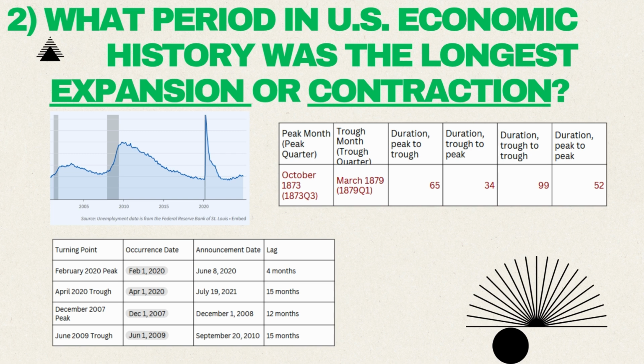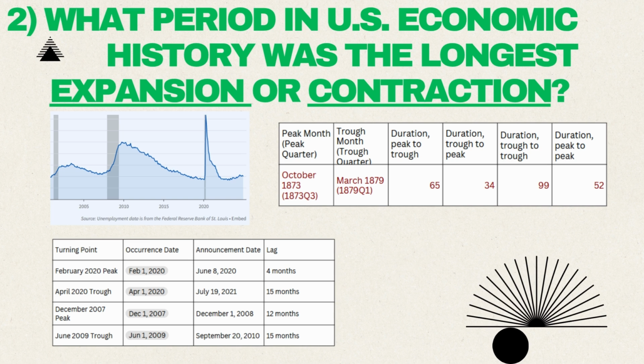The longest US economic contraction was the 19th century Long Depression, lasting 65 months from the peak in October 1873 to the trough in March 1879. This tops even the Great Depression, which was 43 months in duration, though that crisis was far more severe in depth.